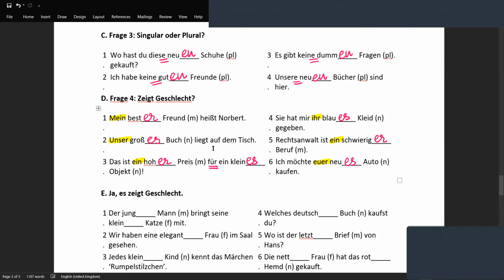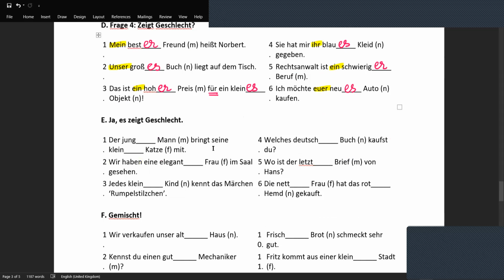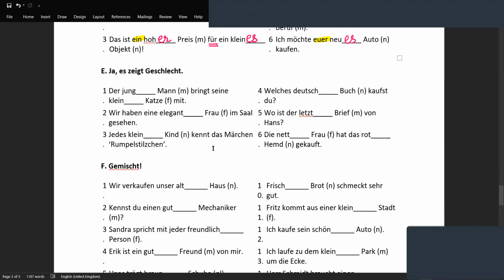All right. Then on to the next 6 sentences here, where we have the article that is telling us the gender. So going back to what I had talked about, which table we have to use for which case. Table 1 was when the article is telling us either only the case or only the gender or both case and gender.